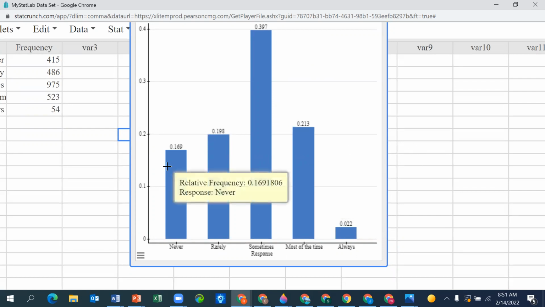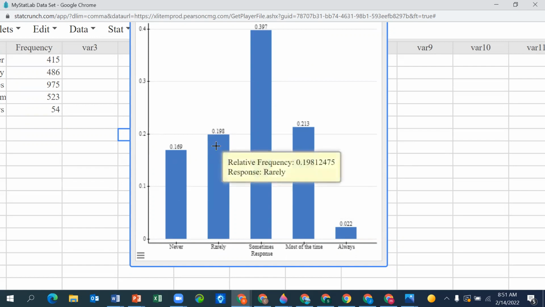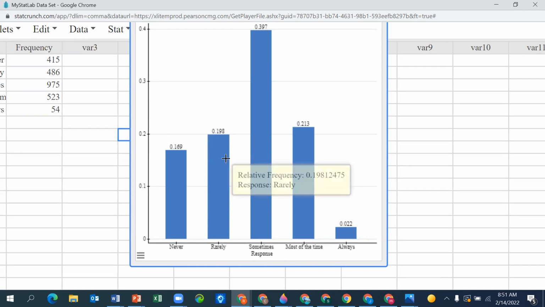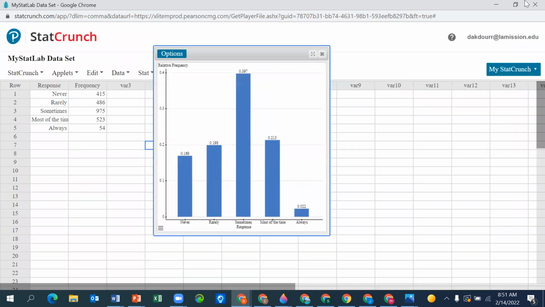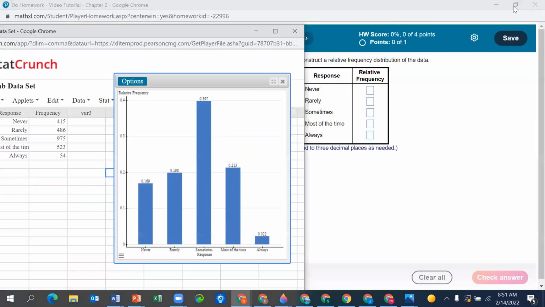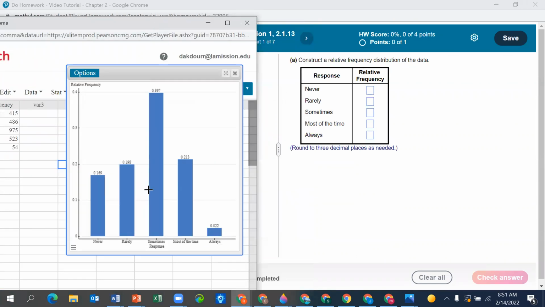I prefer to write them down right now, because once I go back in here, I lose this graph. You don't actually lose it, you can retrieve it, but it's a good idea to have it all written down. So let me go ahead and move it over. Once I click on this, this would be gone.